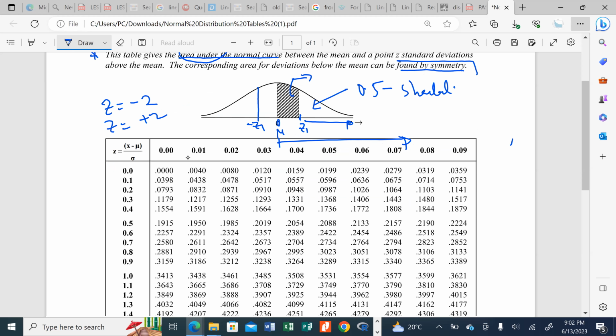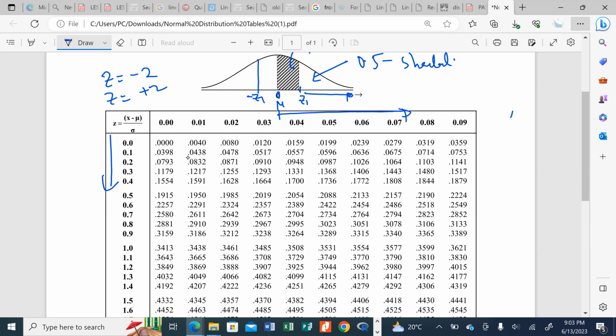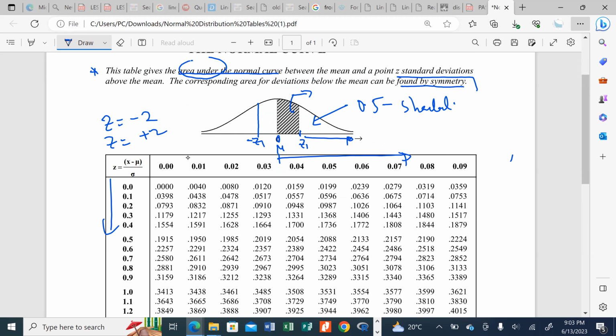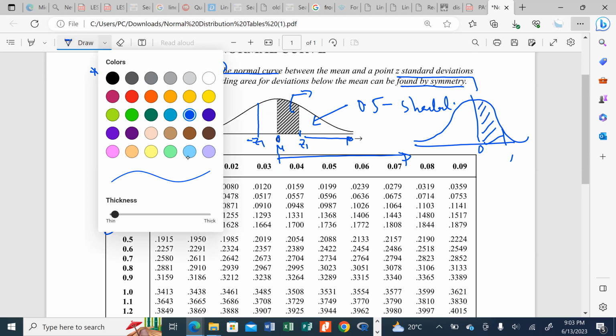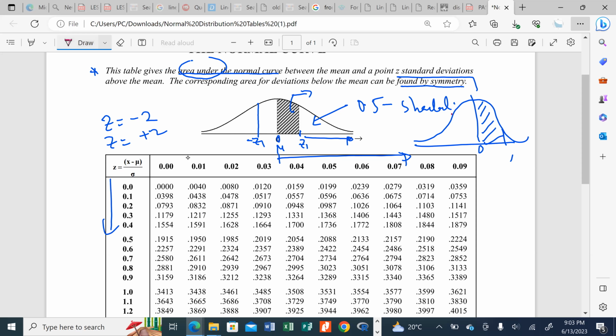So instead of having a table with positive Zs, negative Zs, and so on, we just use positive values of Z. But in case you want to check a negative value of Z, you just apply symmetry because this area is the same. For example, the area from 0 to 1 is exactly equal to the area from 0 to minus 1, because of the property of symmetry.